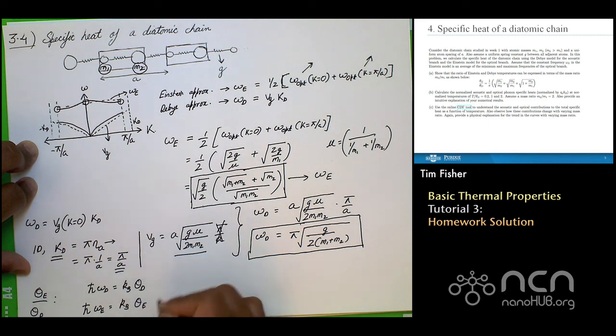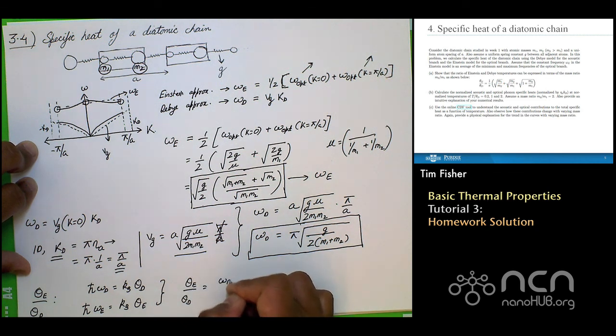the Einstein temperature. And therefore, we get that the ratio of the Einstein and the Debye temperature is equal to the ratio of the Einstein and the Debye frequency.